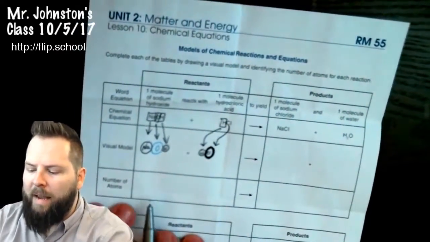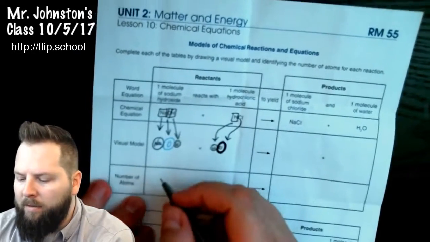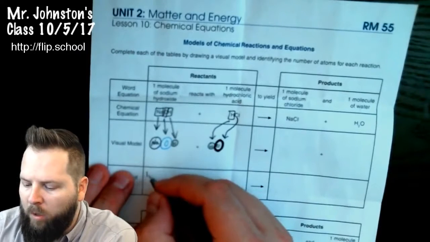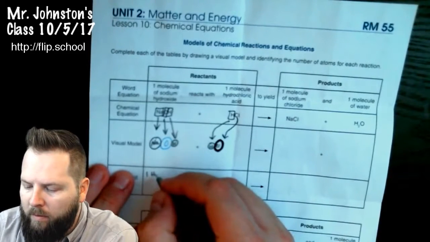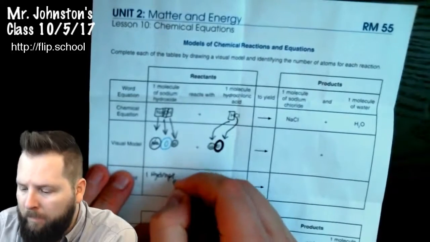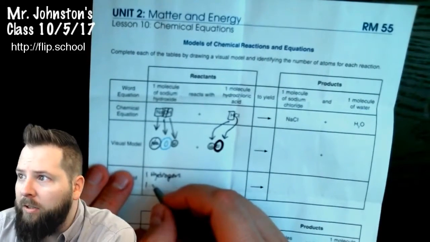Now, number of atoms. On this side, the number of atoms of hydrogen that we have is 1. And 1 oxygen.